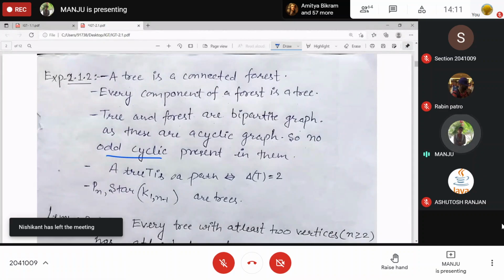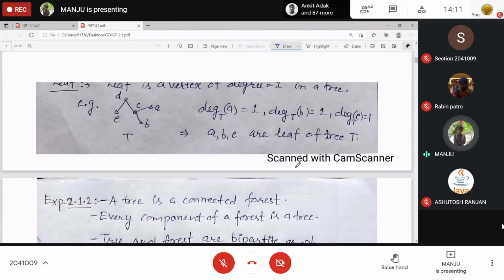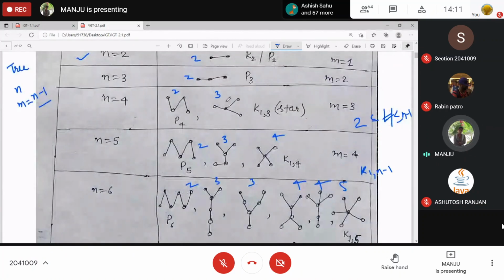A tree is a path whenever its maximum degree is 2. As you can see here, the maximum degree is 1, 2, 2, and 3, then 3 and 4.